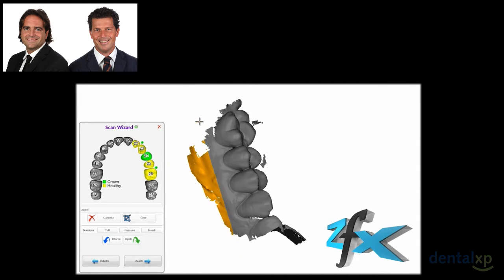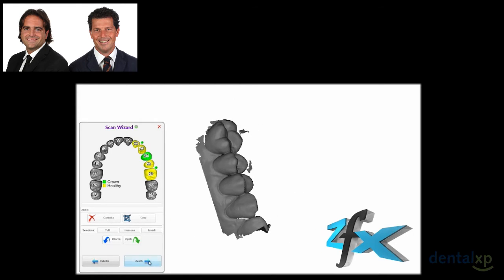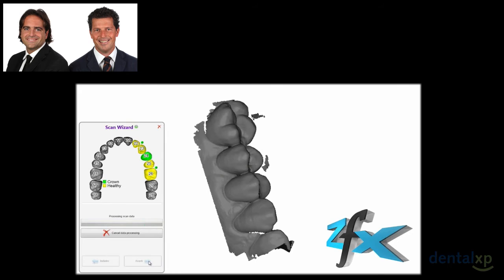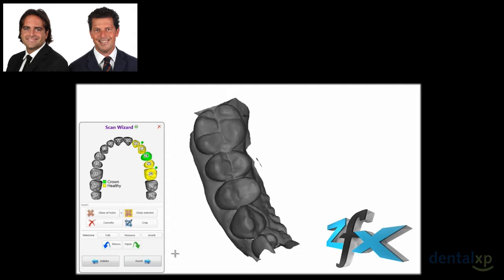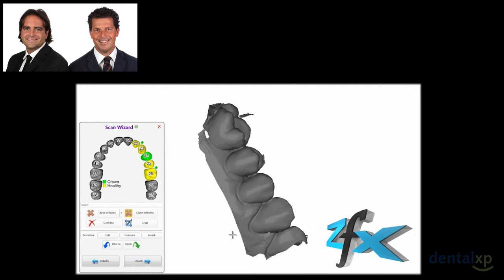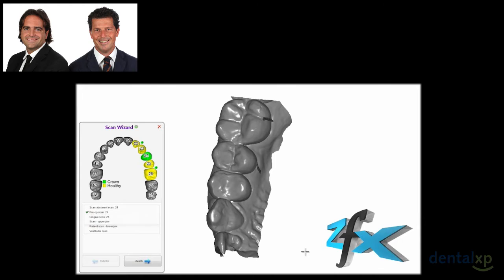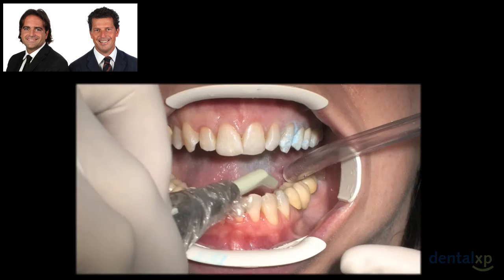Then we want to lighten the file, so we cut the useless data exactly as we are doing here, and you can see the wizard is always on your left telling you and suggesting what to do. Then you can immediately post-process your scan. You can check it once again, and when you're happy with it you can move on. Again, the wizard is helping you on your left side.